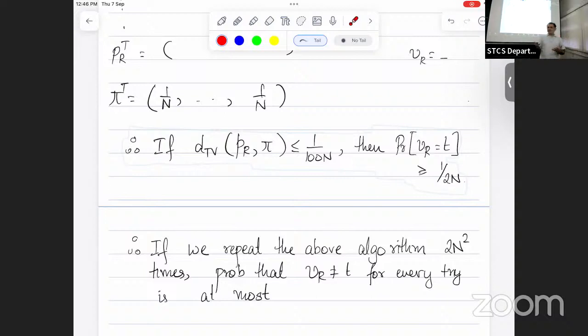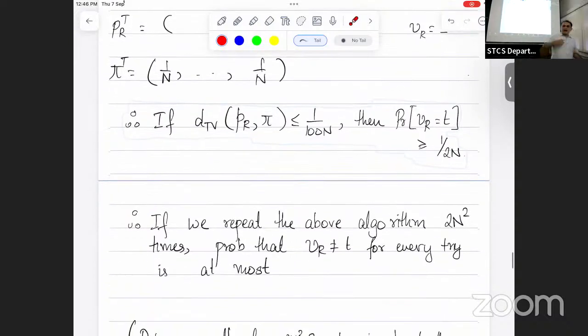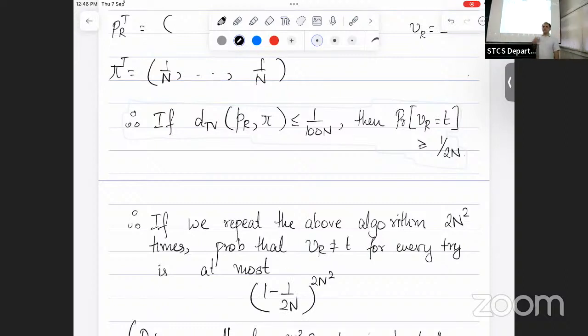So if you do this like 2n squared times, the chance that you end up missing T every single time is at most (1 minus 1 over 2n) to the power 2n squared. Because 1 minus 1 over 2n is the chance of you missing it in one run. But if I run it so many times, this is what will happen. And this roughly looks like e to the minus n.